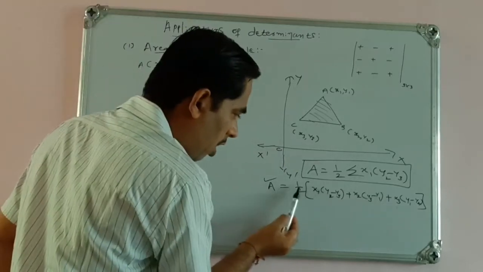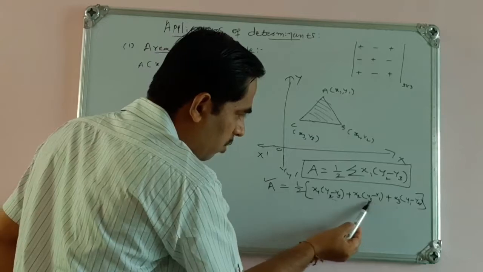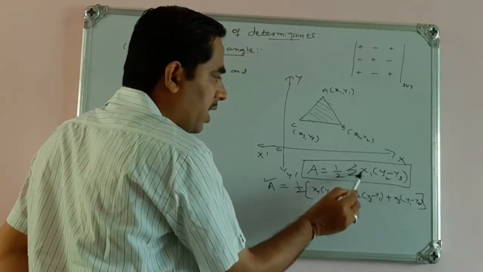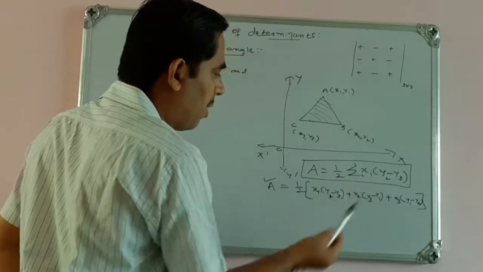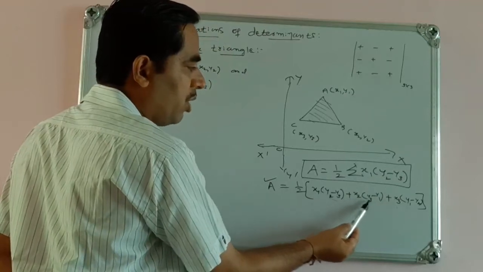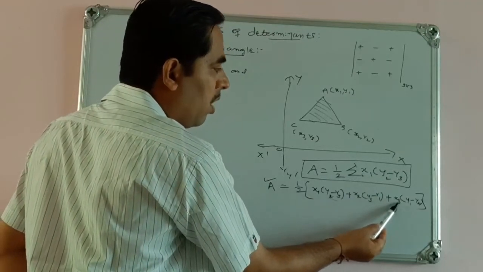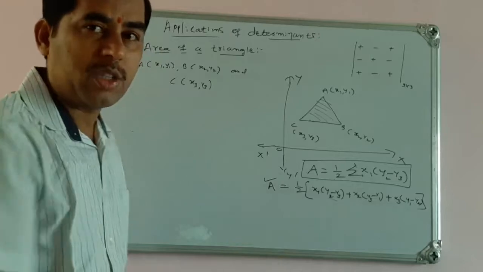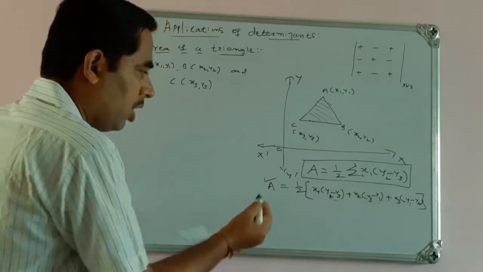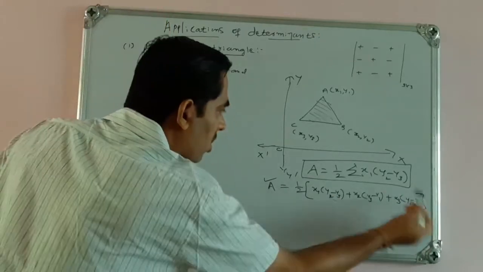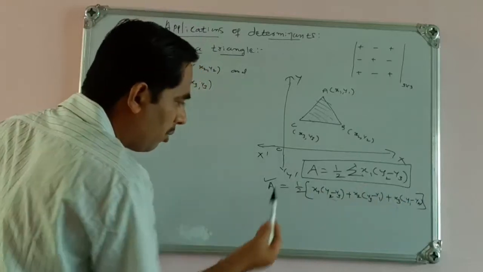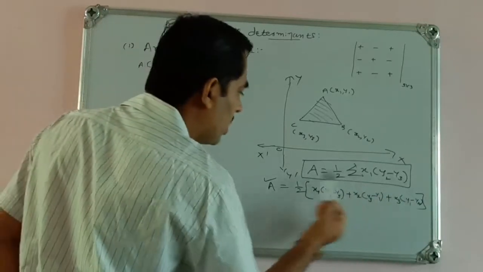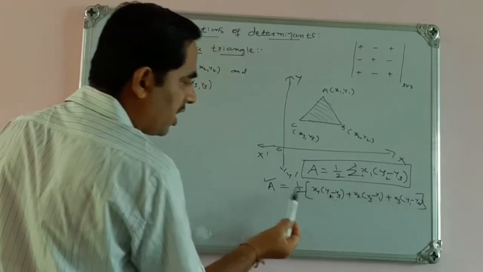Half is a constant and we have a sum of 3 terms, or we can write it in the short notation, sigma, x1 into y2 minus y3 plus x2 into y3 minus y1 plus x3 into y1 minus y2, square units. This is the same expression we got in first PUC.